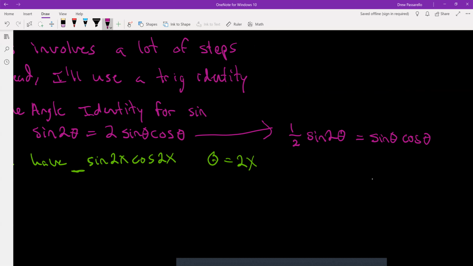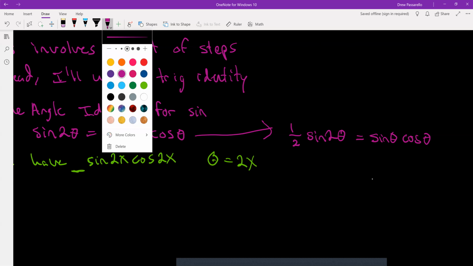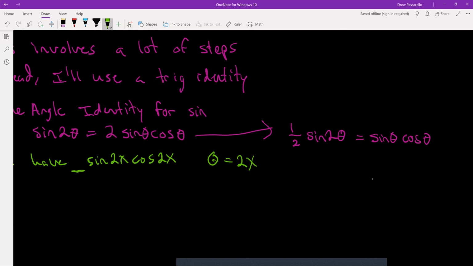So for our problem, we're using 2x for theta, so we have the right-hand side matching up. This is going to equal 1/2, and then sine of 2 times theta is going to be 2 times 2x.